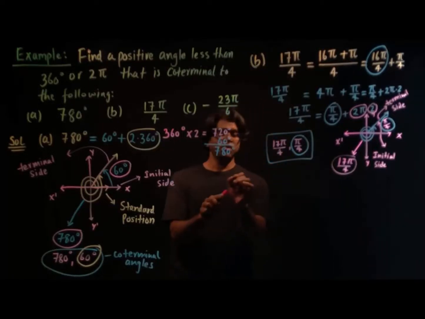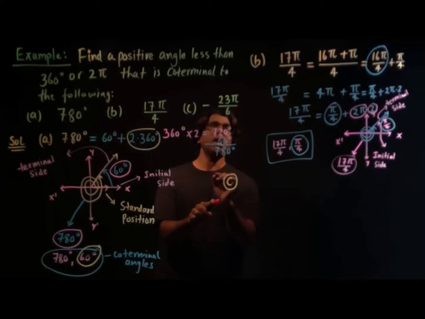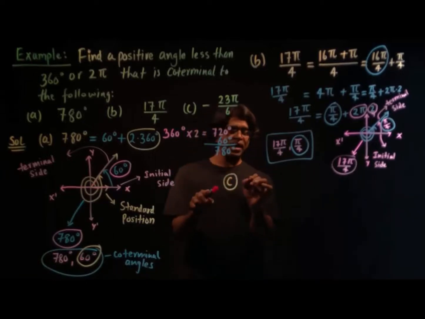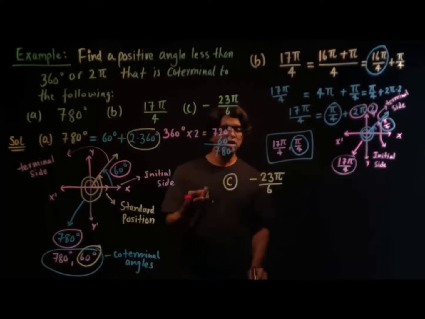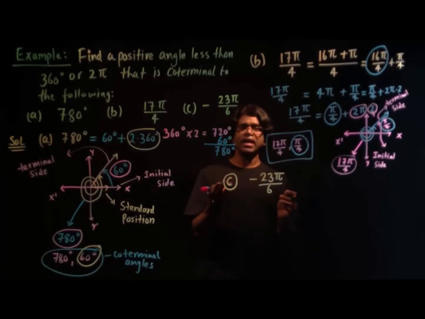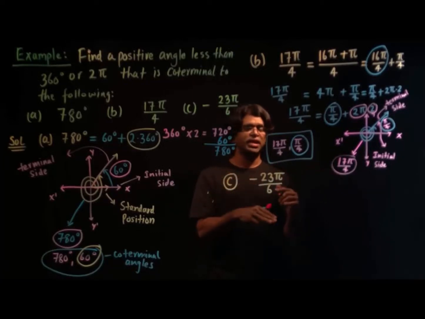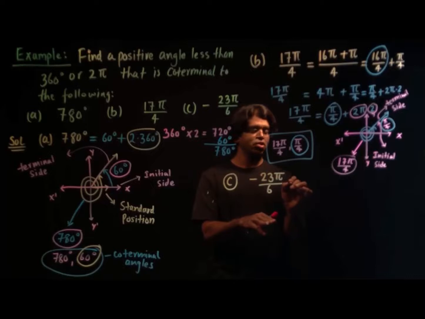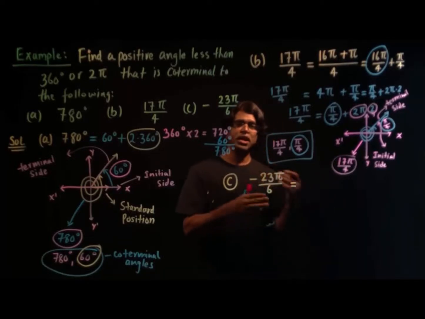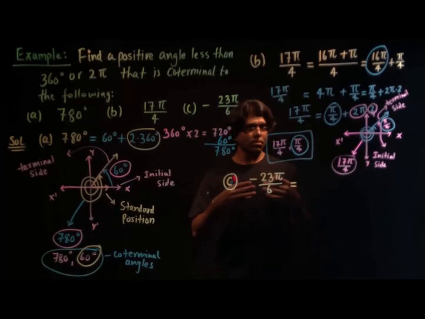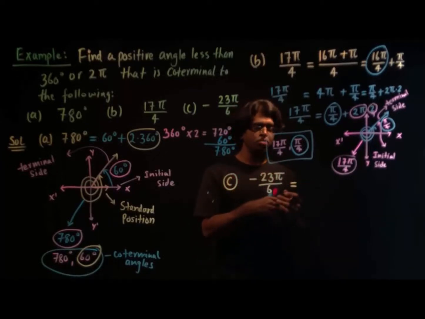Now let's try part C of the question. Part C is, my angle is negative 23 pi over 6. Now what we need to do is write the angle as theta plus or minus 2 pi.